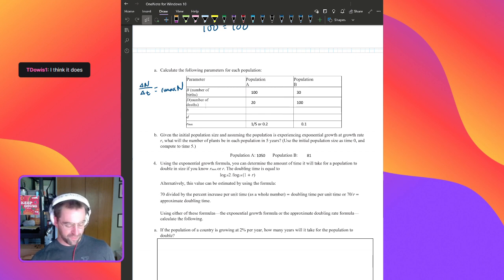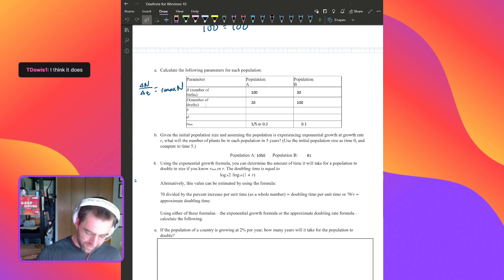We're going to try. 100 divided by, we want 5 years, gives us 20. This is going to be our R max. We've got 0.2 times the initial population, which is 500. So 500.